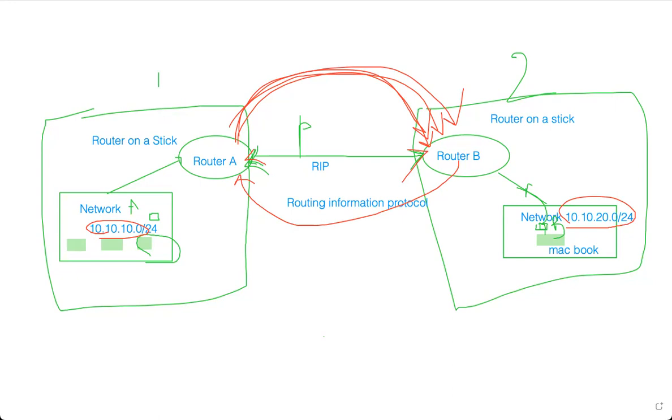On both the routers, for example on this router, after entering the router, you will configure, and then router RIP, and then you will do the network statement. And the network statement is 10.10.10.0/24. Oh, I missed the one here.